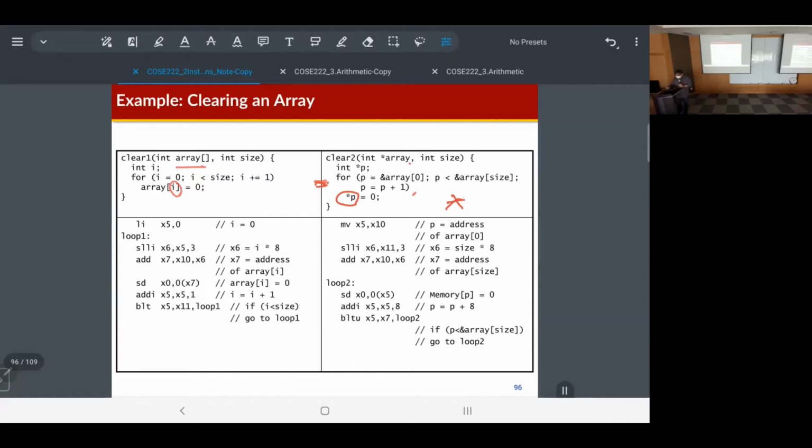But if these functions are compiled, then they can be compiled to different instructions. If we just use the array type data, then we need to calculate the index of the array.